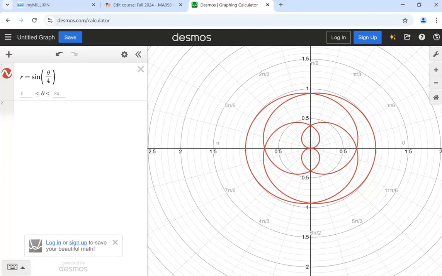It can be divided by 1/4, right? Because we do the opposite on the inside. So since we're dividing by 4, it really has the effect of multiplying the period by 4, which changes the period from 2 pi to 8 pi. Right? Makes the period bigger. So it's taking 8 pi to start repeating.